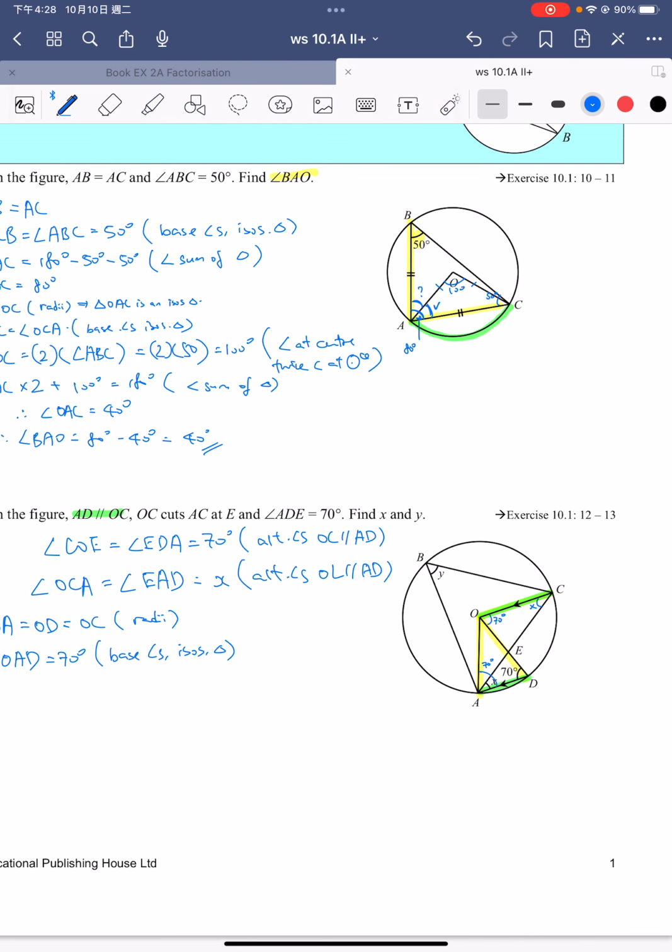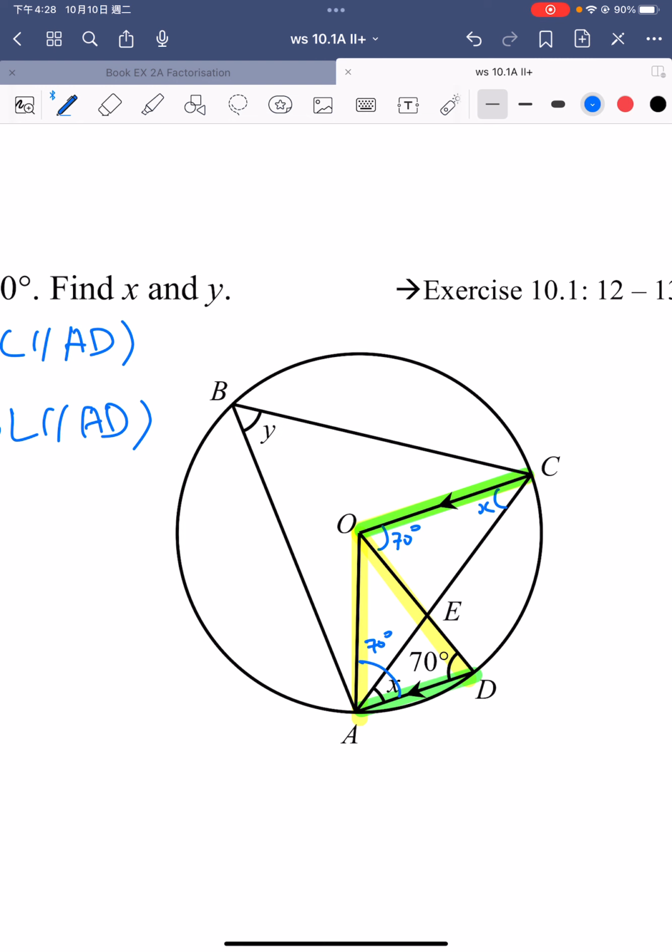So the question is asking you to find out what X and Y are. So how can we do that? If you look carefully, you can see that if this is 70, this is X, isn't it? So they are looking at the same arc. I use the blue line. So if we're looking at the arc CD, this angle at the center is actually twice the angle at the circumference.